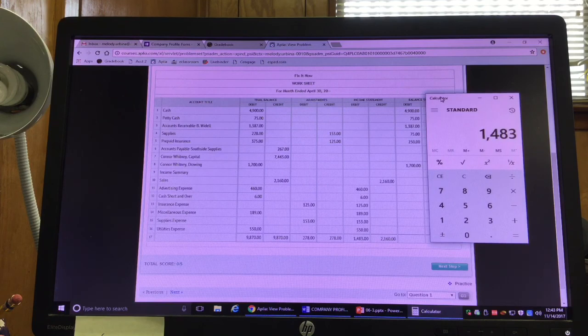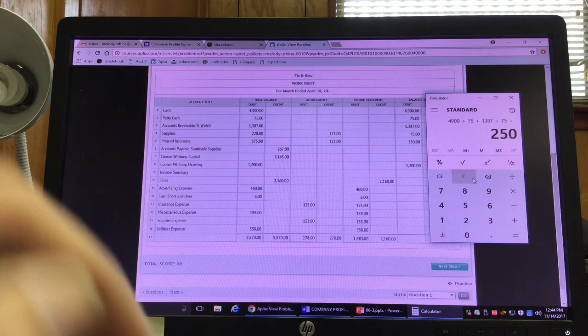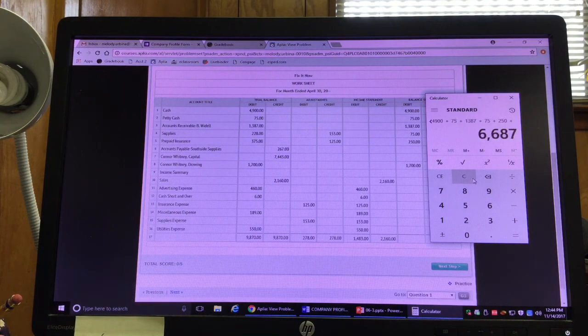Next, we're going to go to the debits on the balance sheet. So $4,900 plus 75 plus 1,387 plus 75 plus 250 plus 1,700 is 8,387.